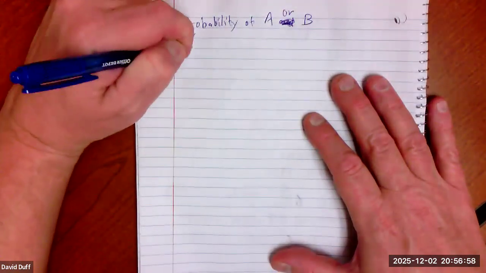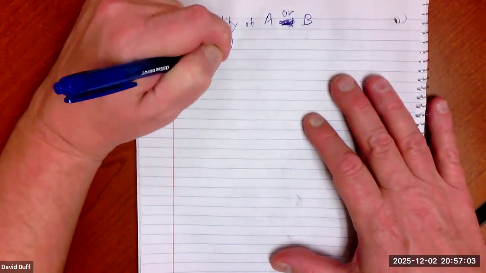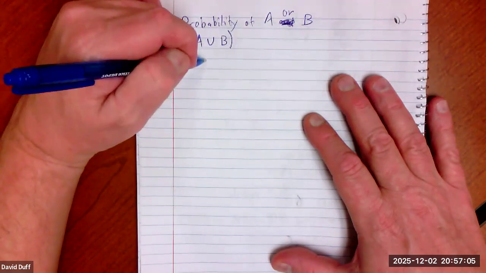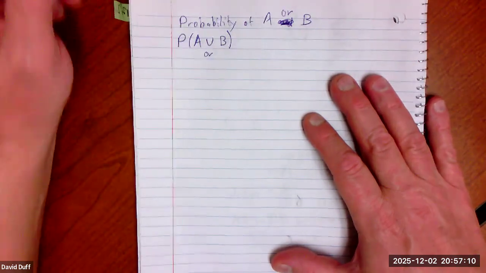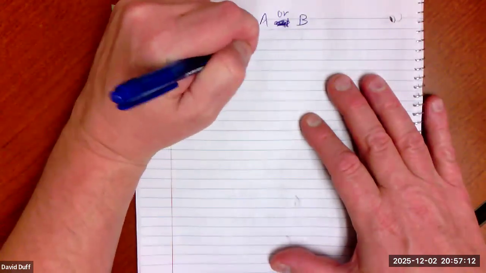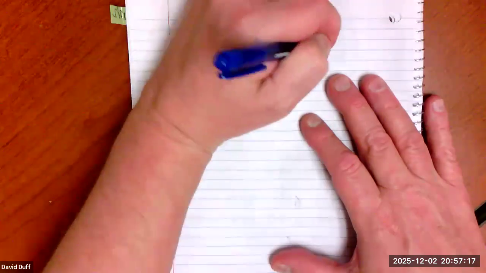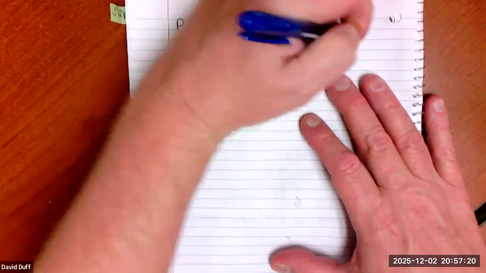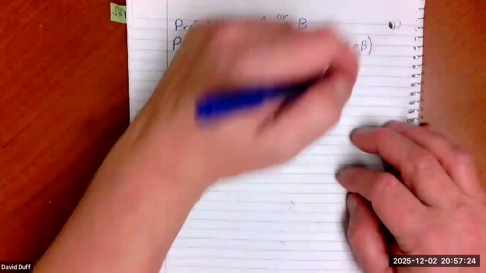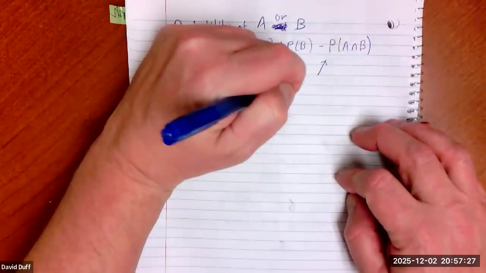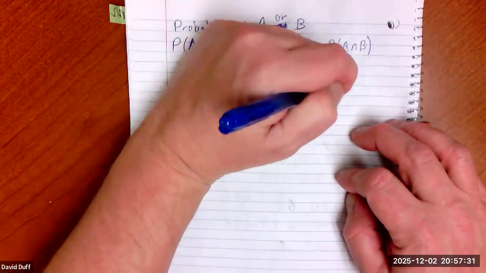So the probability of, we learned this in set theory, right? Remember the union symbol? The probability of A or B, remember that means or, is equal to the probability of A plus the probability of B minus the intersection. You got to subtract out what they have in common.